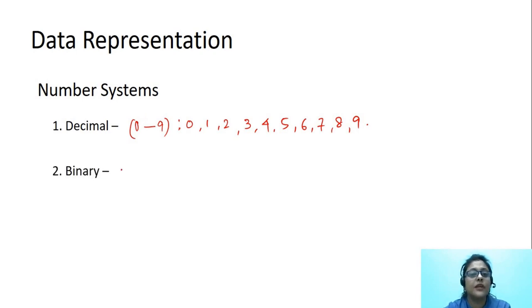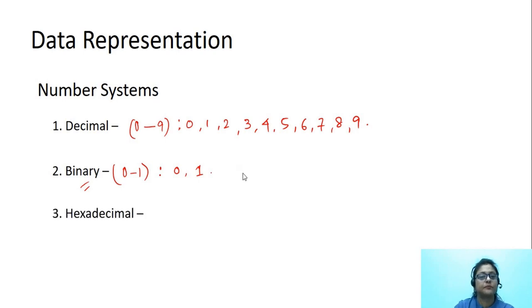Next, we have binary number system, which is a number system having numbers 0 and 1. That means there are only two values, so it is known as binary, and we can have either 0 or 1. And a combination of zeros and ones will denote a particular number in binary number system.